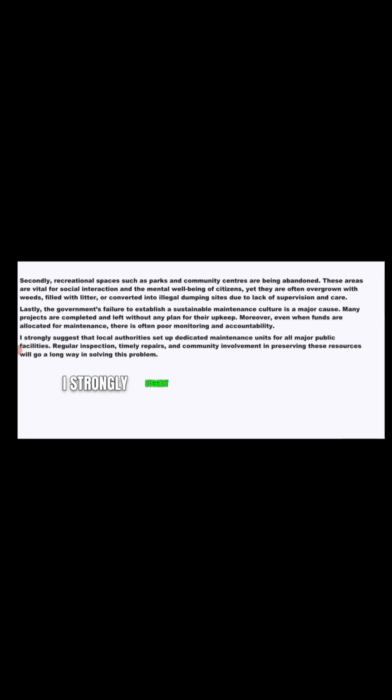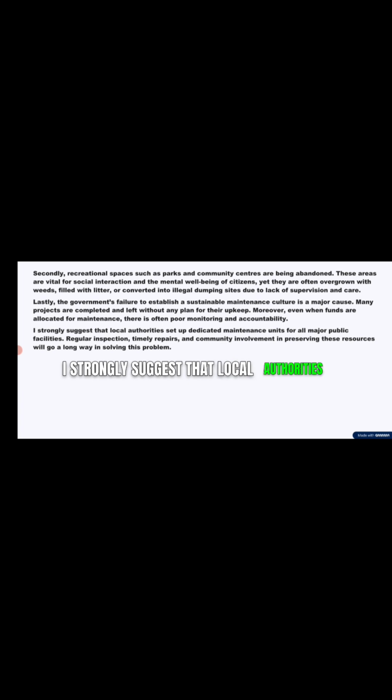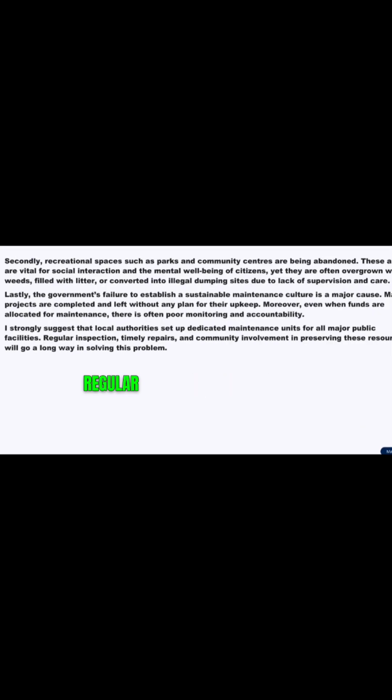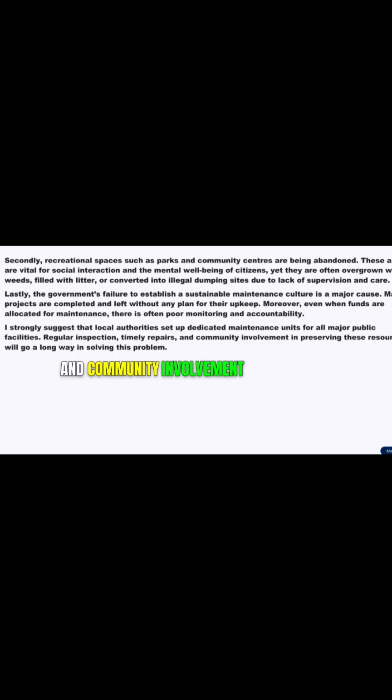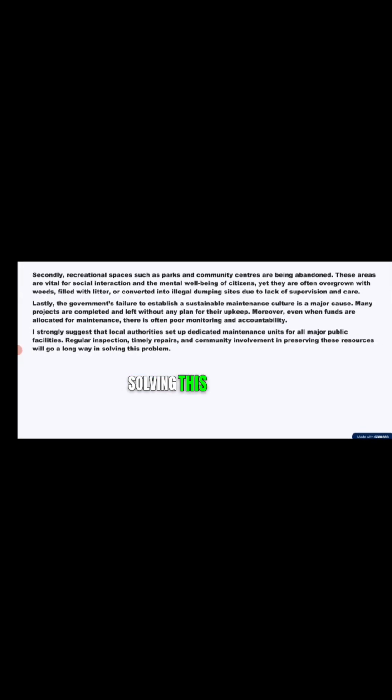I strongly suggest that local authorities set up dedicated maintenance units for all major public facilities. Regular inspection, timely repairs, and community involvement in preserving these resources will go a long way in solving this problem.